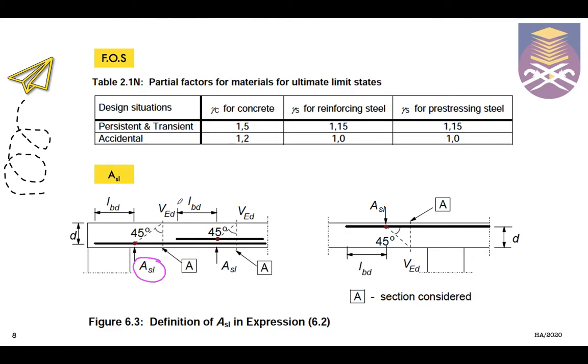So if we consider our VED, or our shear, to be at this location, then we are going to consider the reinforcement that is extended towards that location. That would be the ASL that is to be substituted into the previous equation.